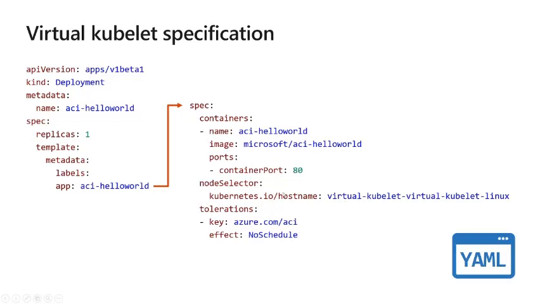So you simply see kubernetes.io host virtual kubelet Linux. The port is 80 open. The Microsoft image is Microsoft ACI Hello World.